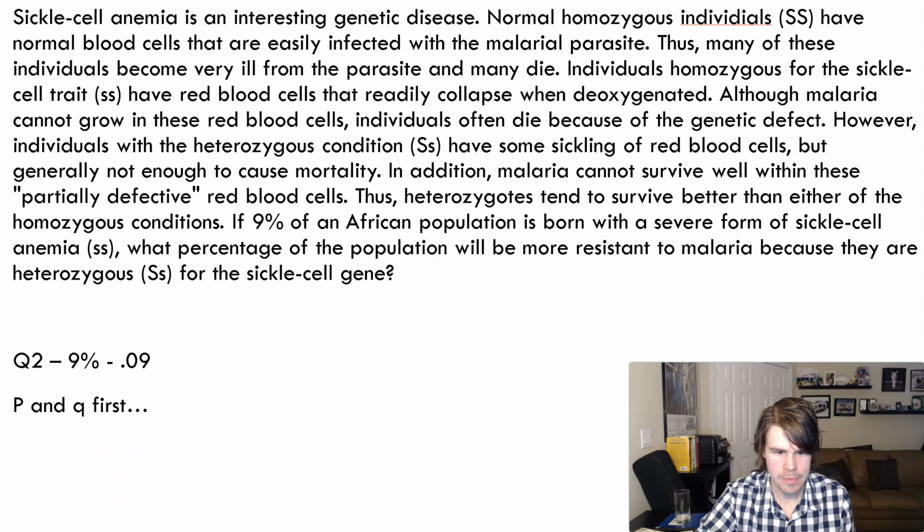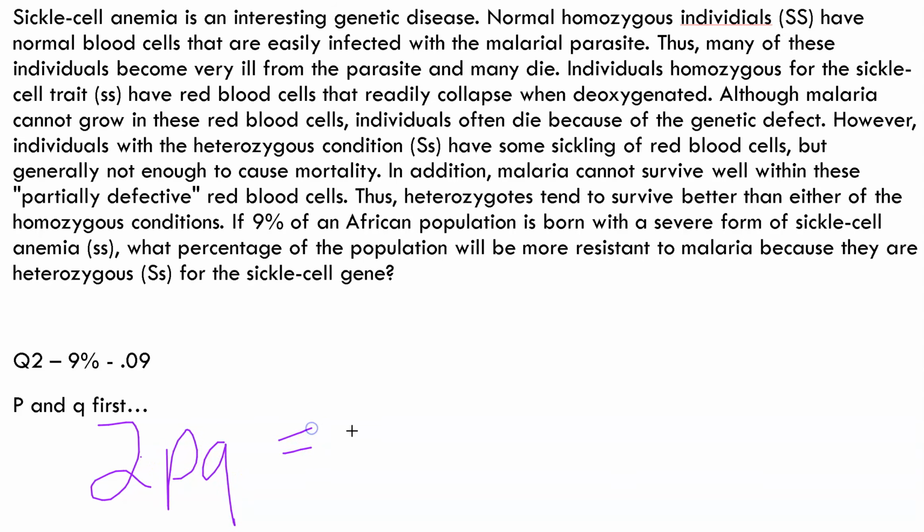So you have 2PQ, and you just plug and chug: 2 times 0.7 times 0.3 equals 0.42, or 42%.